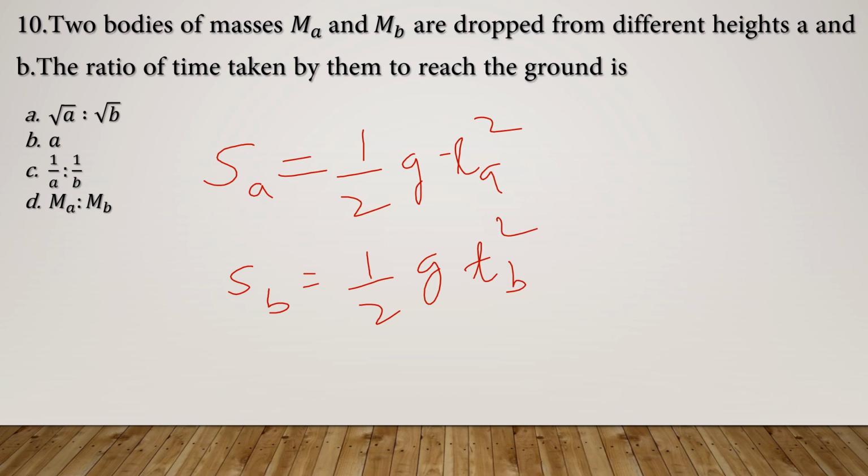SA is small a, SB is small b. So a is equal to 1 half g into ta square, b is equal to 1 half g into tb square, and that is why ta upon tb is equal to root of a divided by root of b. Option A is the correct option.